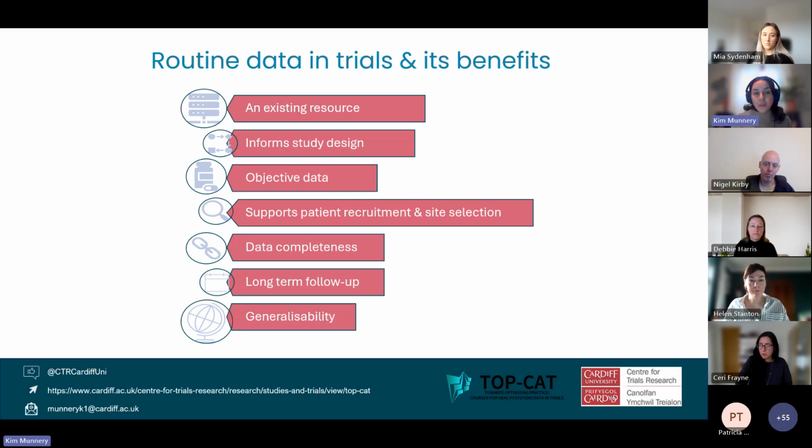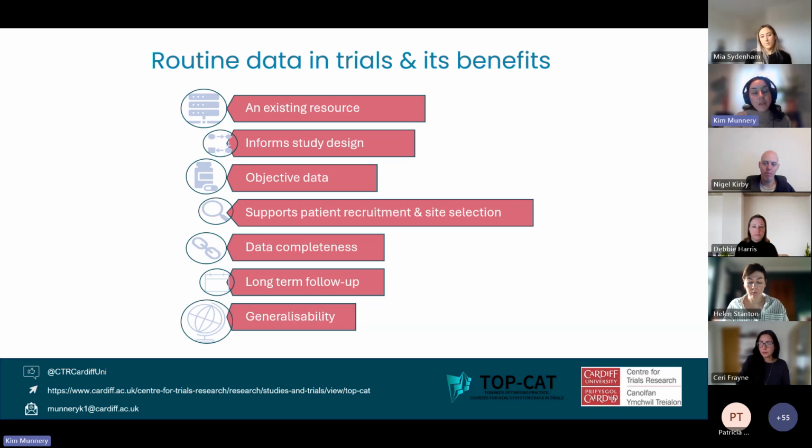And they often cover a large population and also a diverse population that sometimes trials find it tricky to recruit. So we do have to be mindful as well that this resource that we're discussing, routine data, is based on populations that use services. So people who don't use services will not be within these data sets.